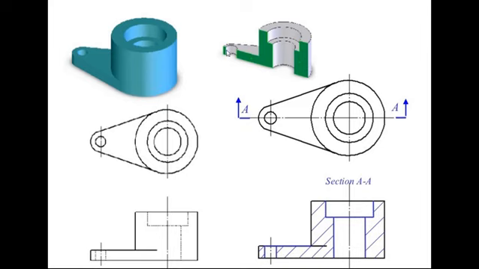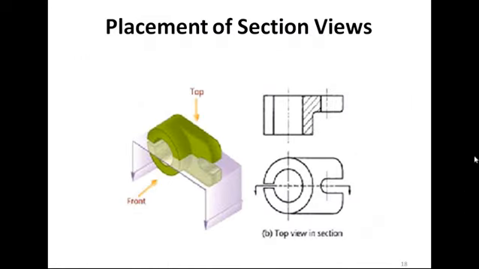So whatever is green is actually the section. We are doing hatching at this part. Here we have drawn the front view like this. This is your hollow part. We have drawn it like this, with a continuous line, and we have drawn the hatching lines. So this is our full section view.